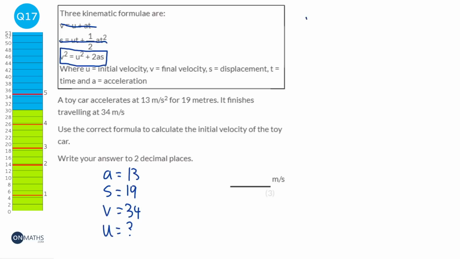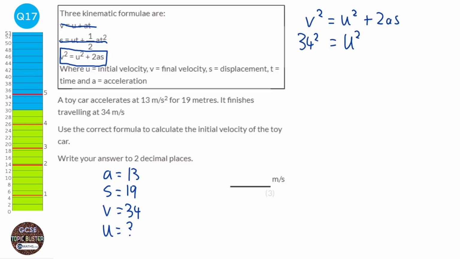So let's write that out. V squared equals U squared plus 2AS. So that would be 34 squared equals U squared, because that's the one we're looking for, plus 2 times 13 times 19.